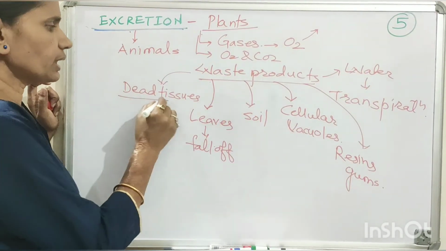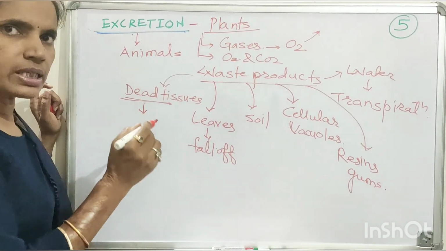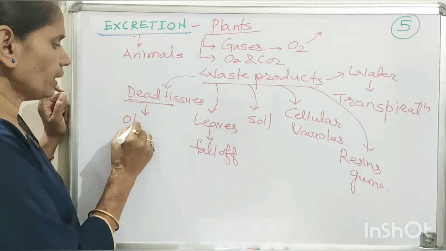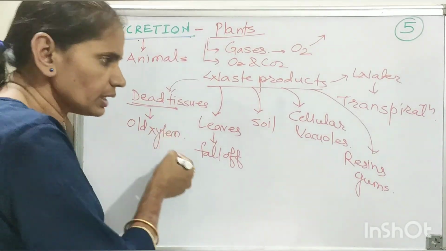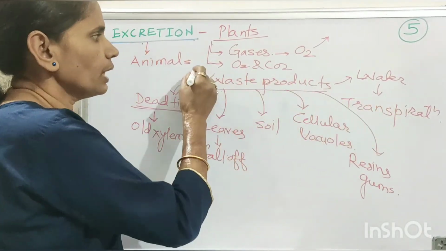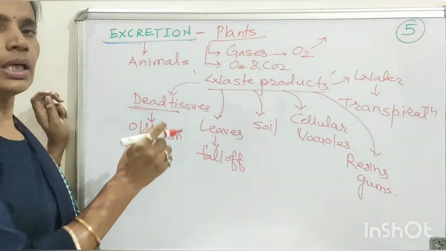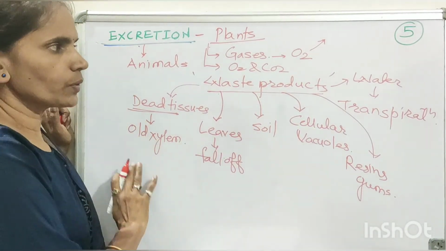Whenever these are stored in dead tissues, they are mostly stored in the old xylem. So by using these different strategies, plants get rid of a variety of waste products during their excretion process.